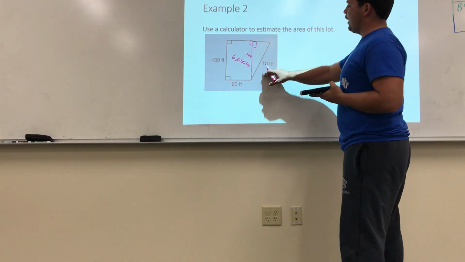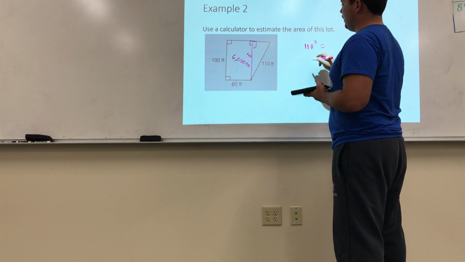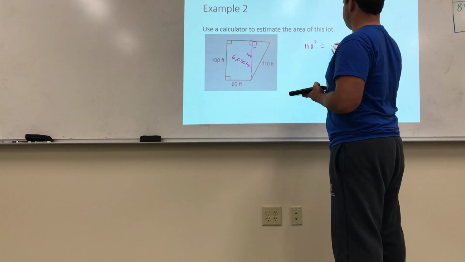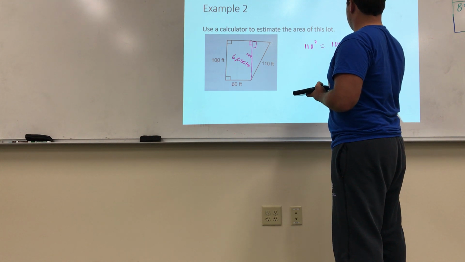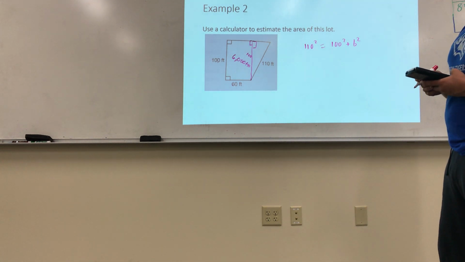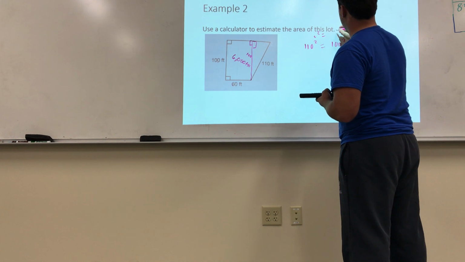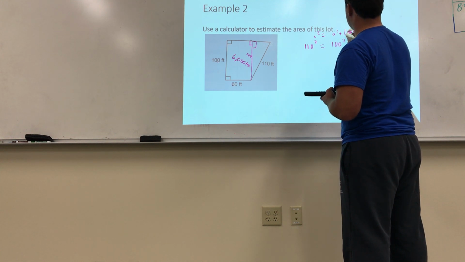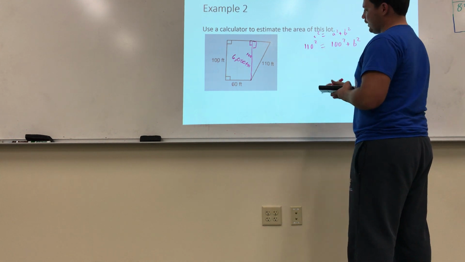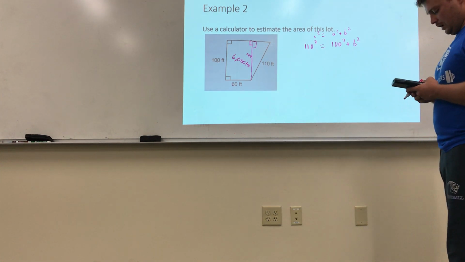We have our hypotenuse, so 110 squared equals 100 squared plus b squared. Okay? Because the Pythagorean theorem is c squared equals a squared plus b squared. So, we have the c, because that is our hypotenuse.